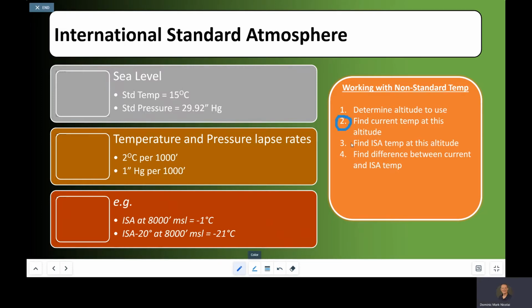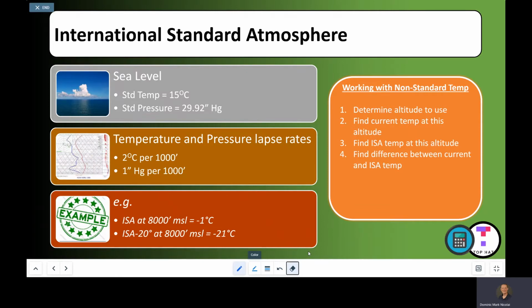So 4,000 feet, that's 8 degrees colder, so your standard temperature is 7 degrees. And if my outside air temperature is 14, I'm 7 degrees warmer than standard. That's going to be a key for a lot of your performance charts, finding out what is the difference between my current temperature and my standard temperature at the altitude that I'm looking at.